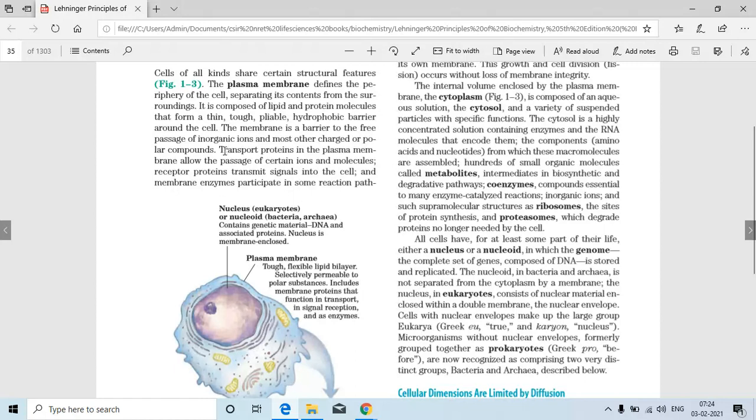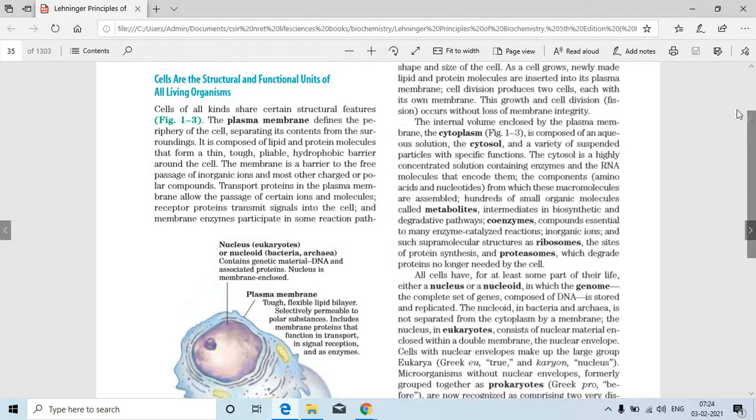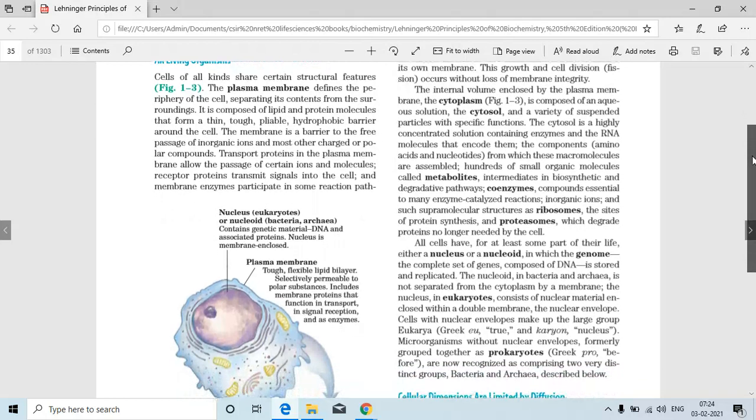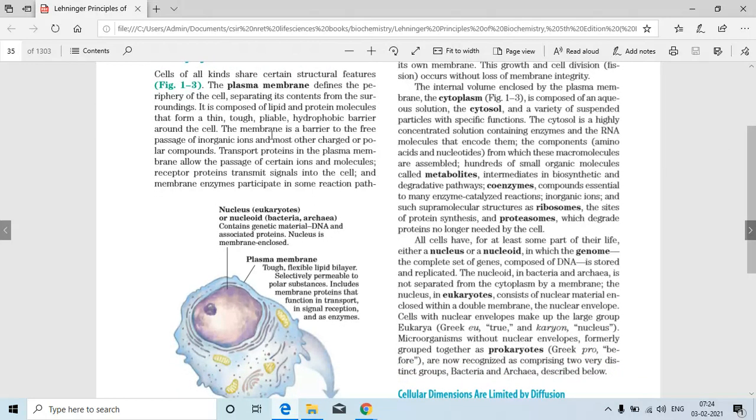To begin with, we will start with the plasma membrane, which has been mentioned here. This plasma membrane defines the periphery of the cell. The outer covering of every cell is called the plasma membrane, and it is composed of lipid and protein molecules.